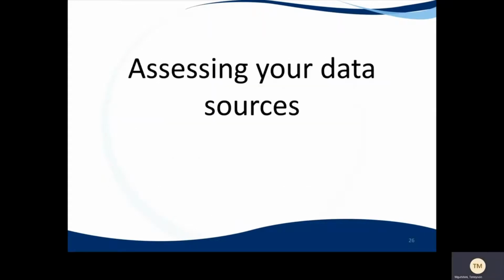Now, once we're aware of the different types of review possibilities that are available, the next consideration for us is assessing your data sources. You now know the different ways in which you can approach the review process.